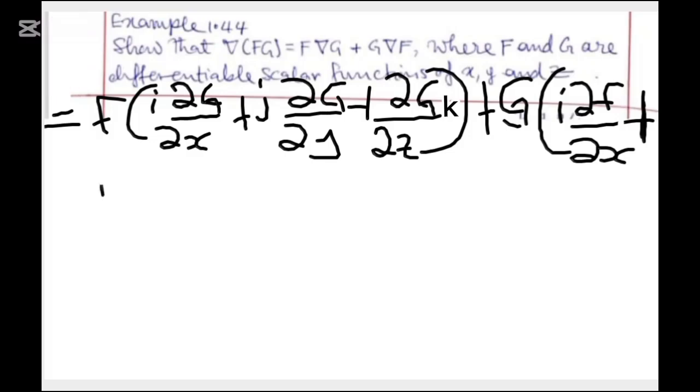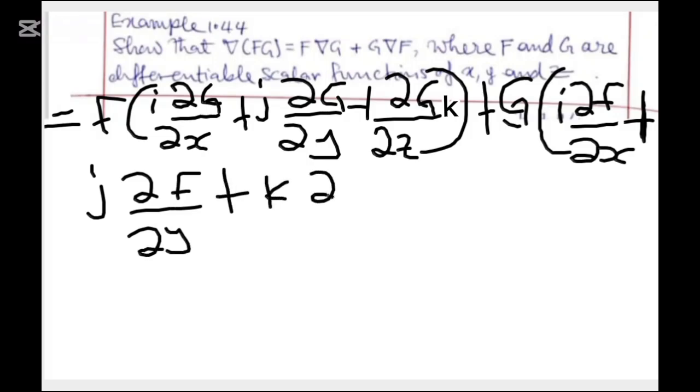So I hope you are with me. So I have to say plus for j, which is partial of f by y, plus for k, which is partial of f by partial of z.